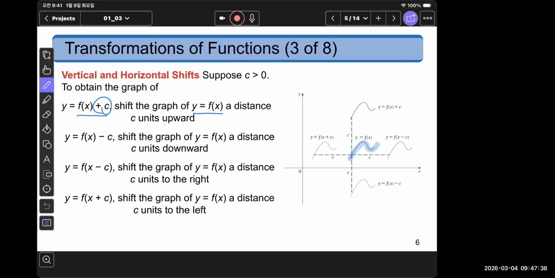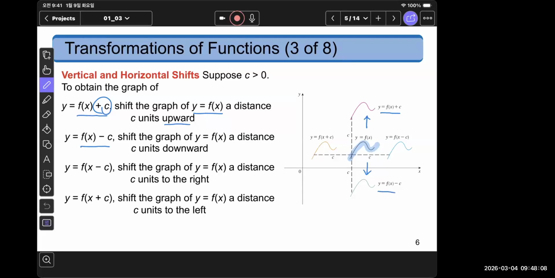So you need to shift the graph upward by c units. If you move the graph upward, then you get the graph of y equals f of x plus c, when c is positive, of course. If you want to draw the graph of f of x minus c, then you need to shift the graph downward.